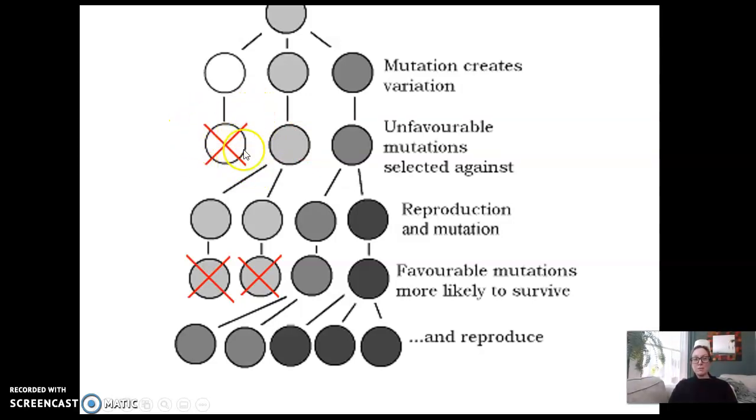So they maybe get eaten by a predator, or they have some sort of mutation that is unfavorable to reproduction. And so these darker dots can make copies of themselves. There's a little variation there, not exact clones, but the lighter ones again, not favorable. And so we end up with a population that's different than the original population. That is a very simple way to express evolution.